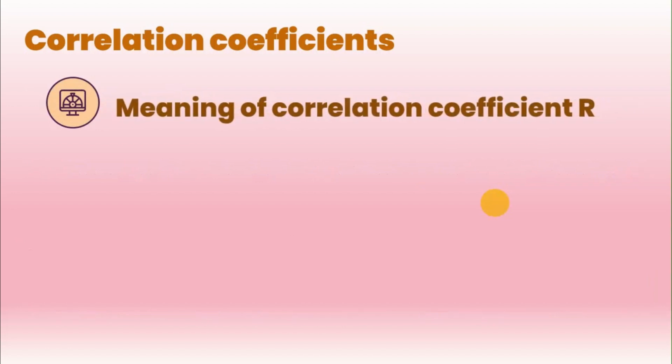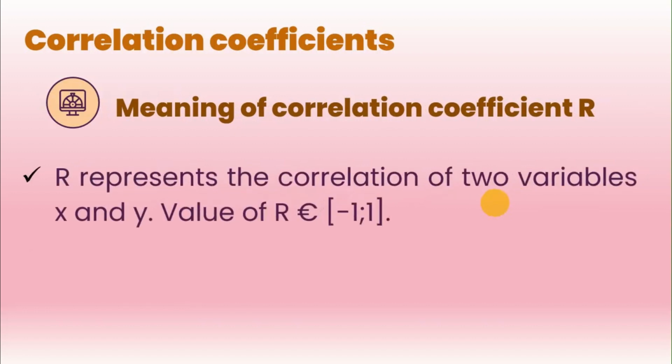Okay. And next, I will tell you the meaning of the correlation coefficient R. R represents the correlation of two variables X and Y. The value of R belongs from -1 to 1.